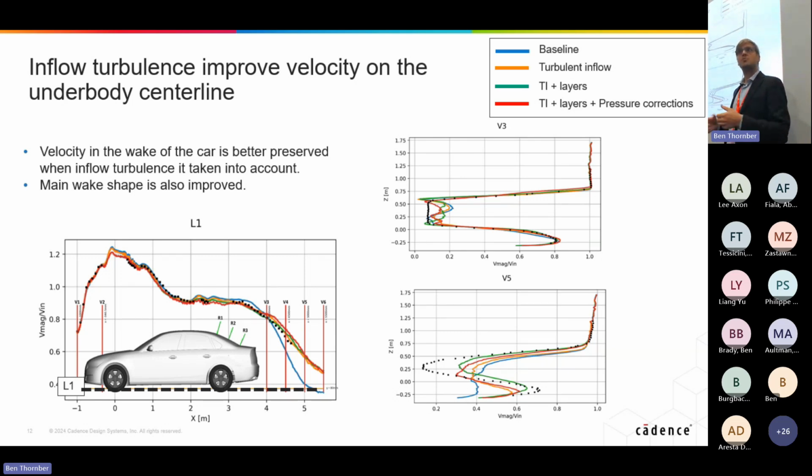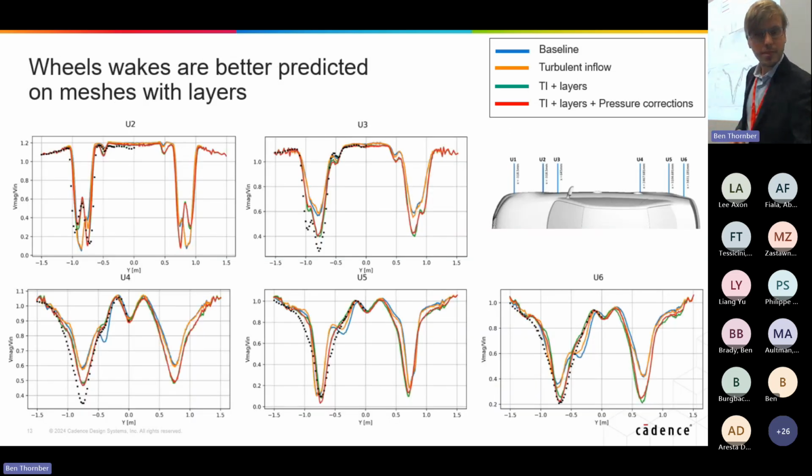Even though it's quite small, it's 0.25% or 0.26% maybe on this model, it does have a little bit of an impact there, which is maybe also why the biggest impact we saw from this addition was on rear lift.